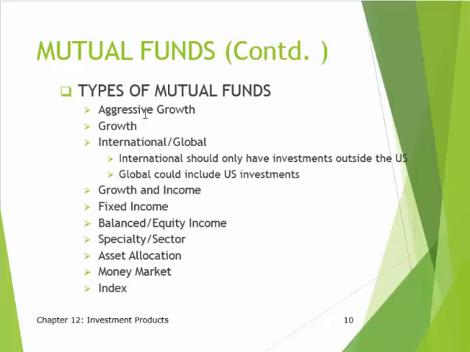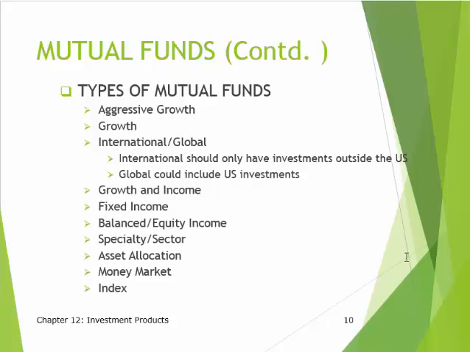Mutual funds, just like stocks, have a variety of choices, a variety of descriptors, if you will. I think it's kind of important to talk about international versus global. International funds should only have investments from outside of the United States, but global funds could include U.S. investments.